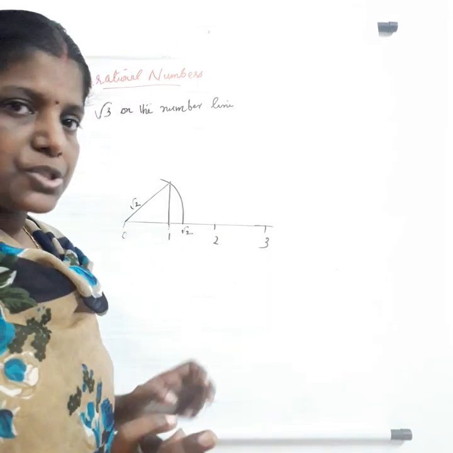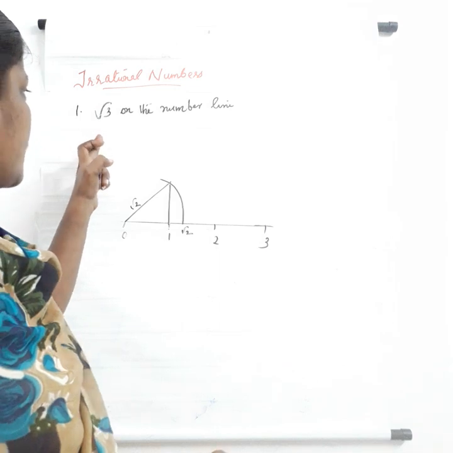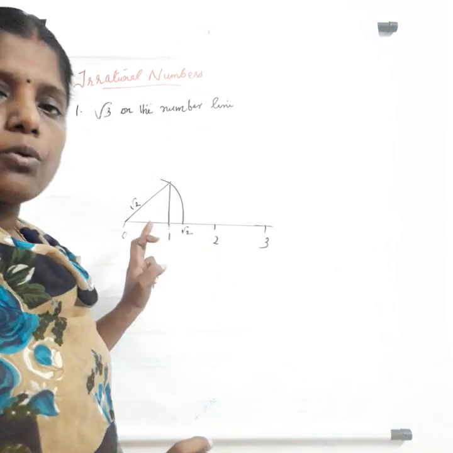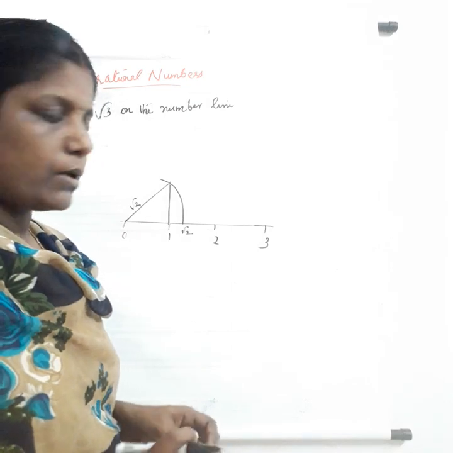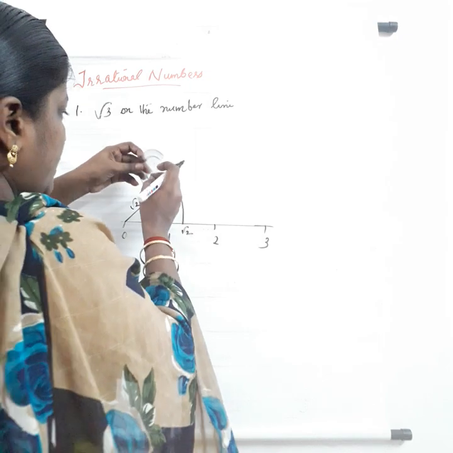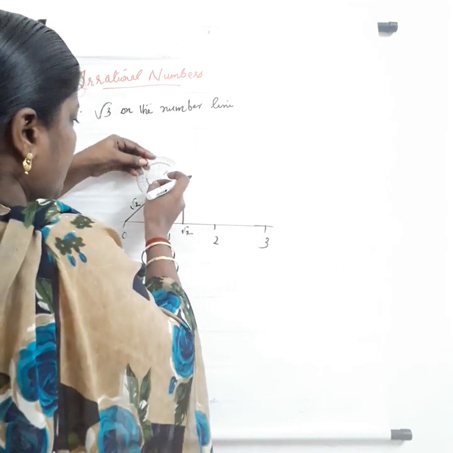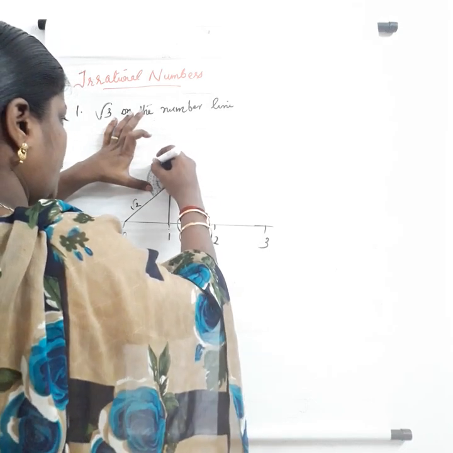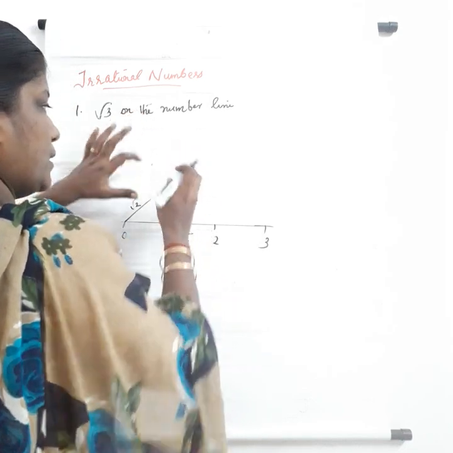For locating root 3, first of all you want to draw root 2 on the number line. Then from this point you can take 90 degree in your protractor. This is your 90 degree.